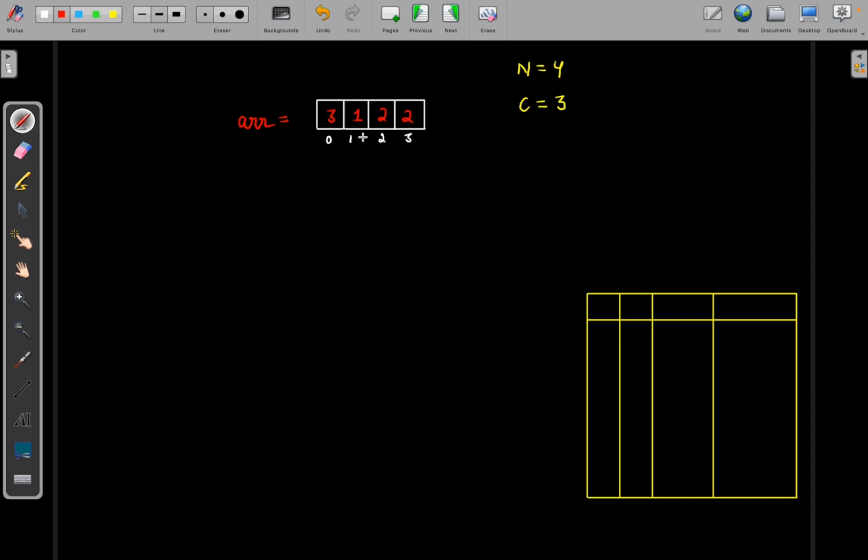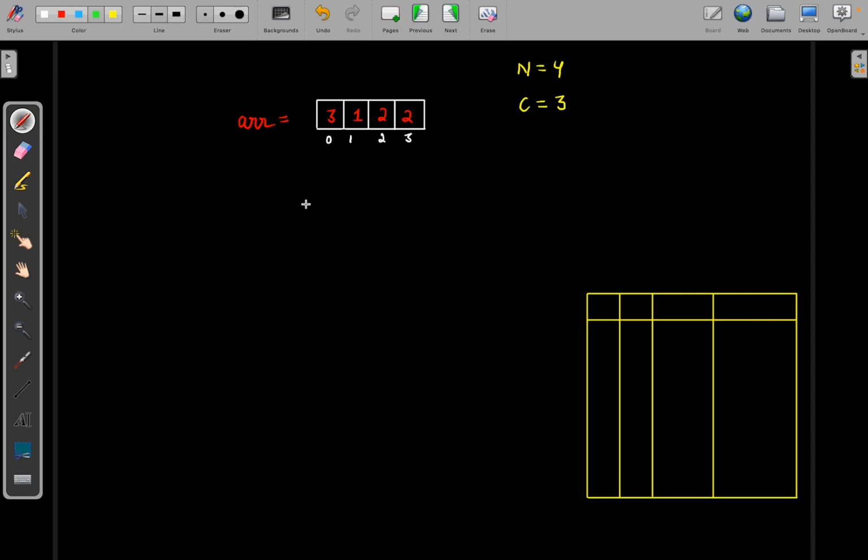In the previous explanation, when we were filling the boats, we saw that we always try to fill with the maximum weight first. You fill with the maximum one, then check the second maximum, then the third maximum.